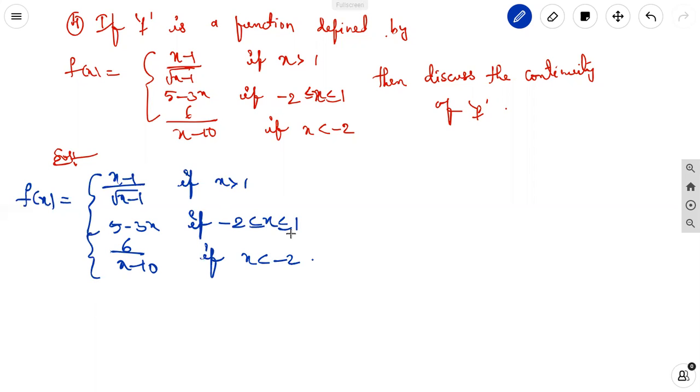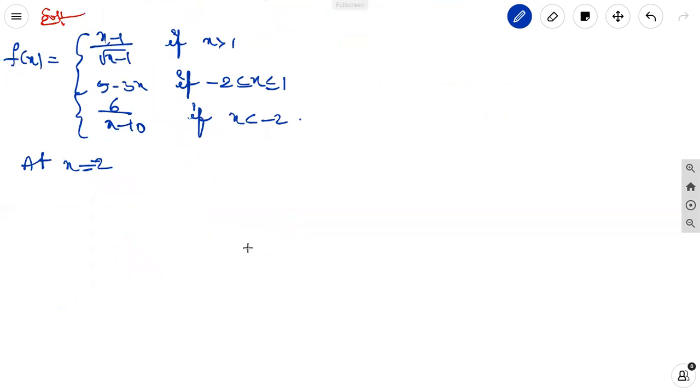Now we take x equal to minus 2 and check the continuity. That is, we check at x equal to minus 2 whether the limit exists or not. For that, we find the left hand limit.